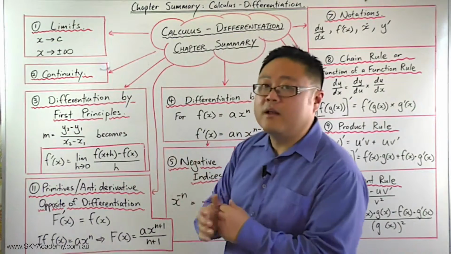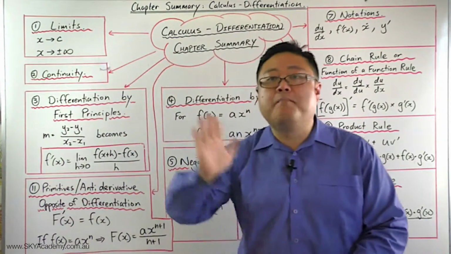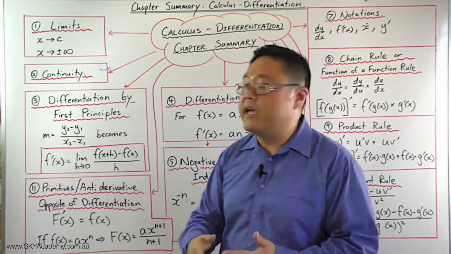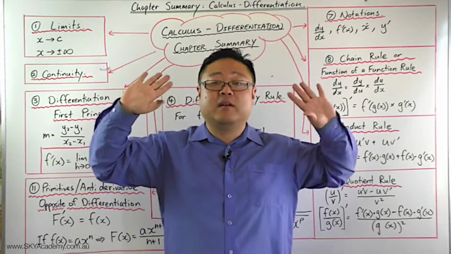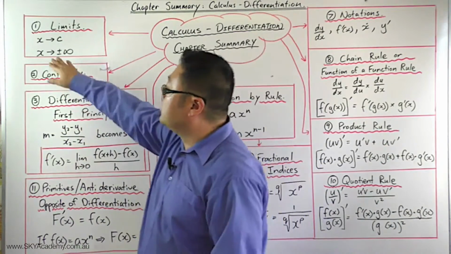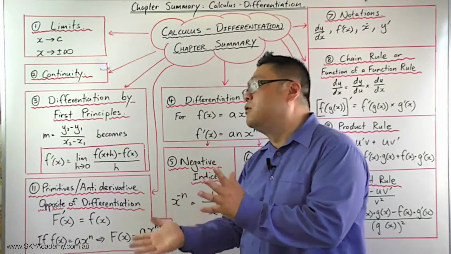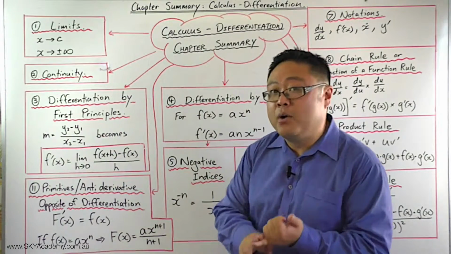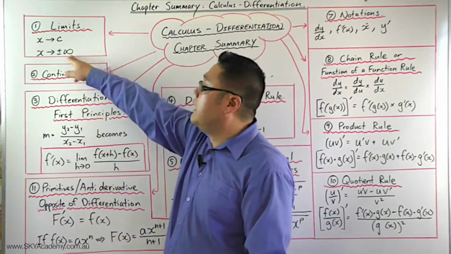So that's often where we use this particular limit as x approaches c. The other limit that we looked at was as x approaches positive or negative infinity, or as x approaches a positive or negative value that's infinitely large. We looked at what happens there, and a good place to look at is a rectangular hyperbola.